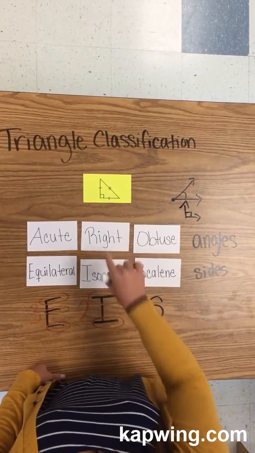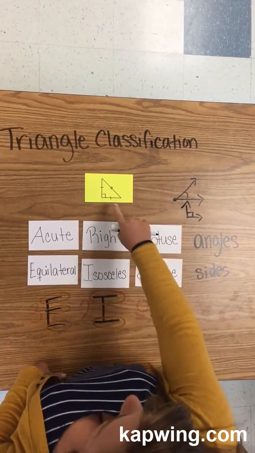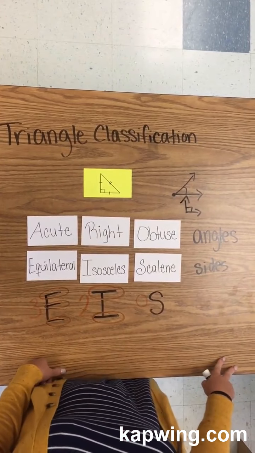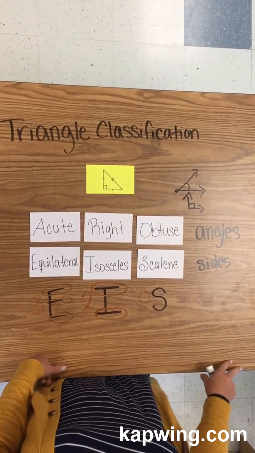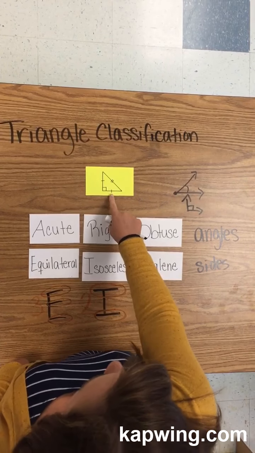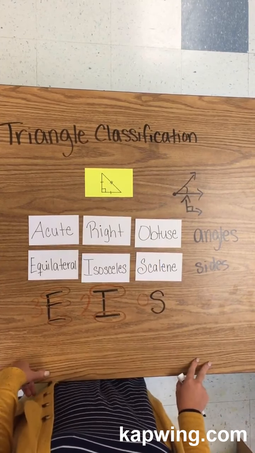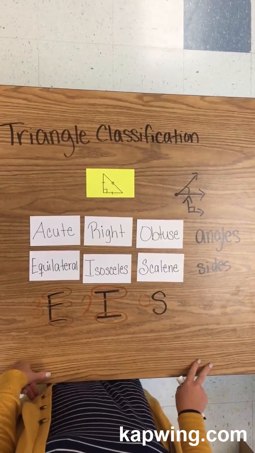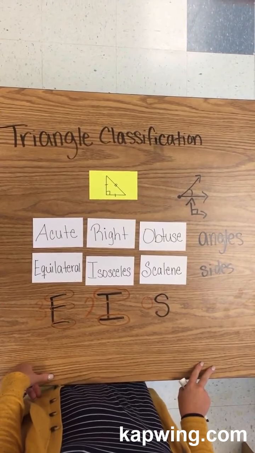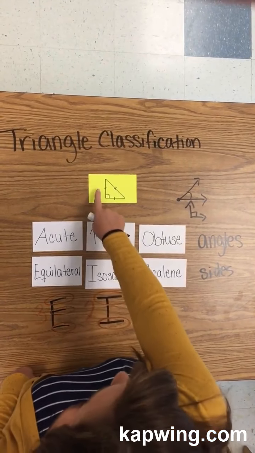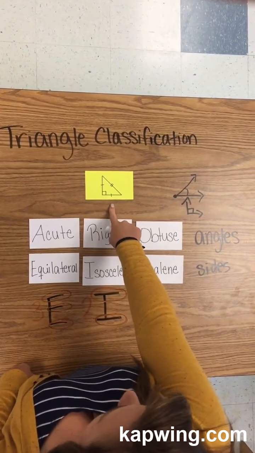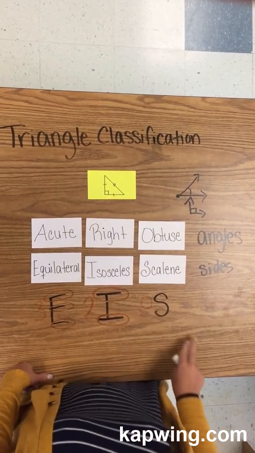You're right, it's a right angle. So I want you to take a look at this triangle and notice it has a perfect right angle. It also has sides that have special tick marks on them. You're going to find the tick marks that match. How many sides match? 2. This side matches this side. So that means this triangle has 2 equal sides.